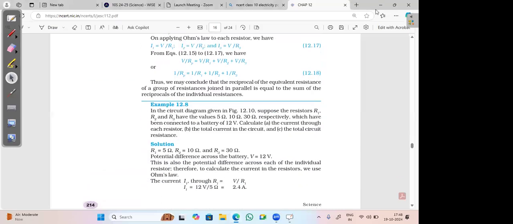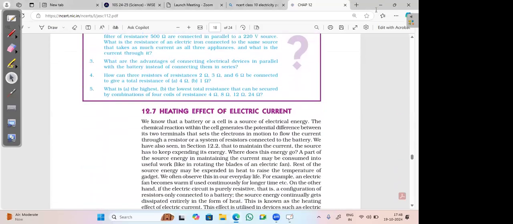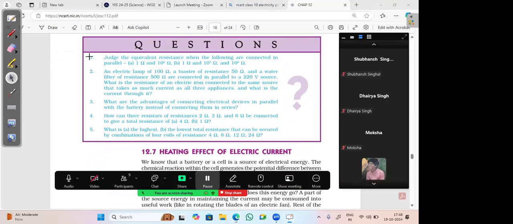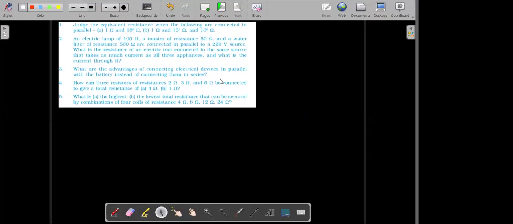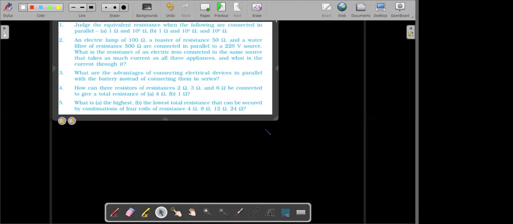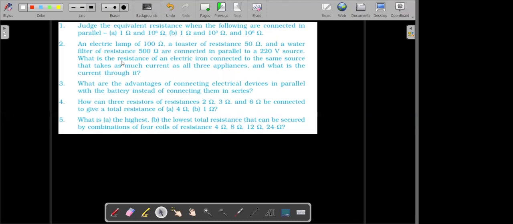Resistors in parallel, so you have a question here. You just have to judge the equivalent resistance when the following are connected in parallel. So when 1 ohm and 10 to the power 6 ohm are connected in parallel, what is going to be the equivalent resistance?